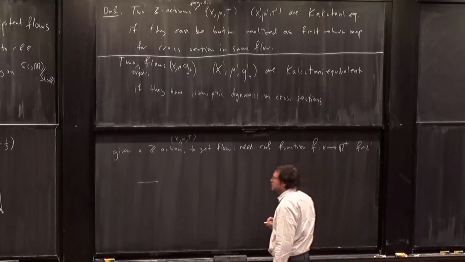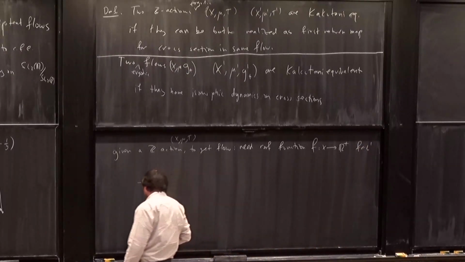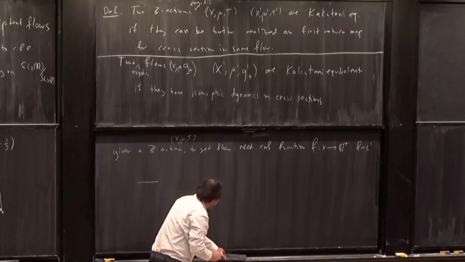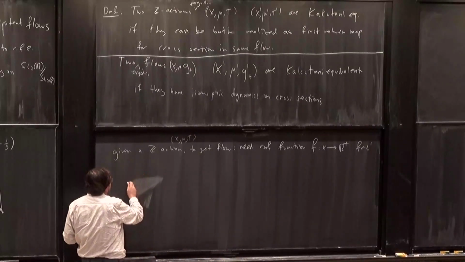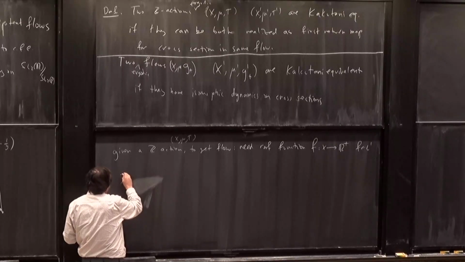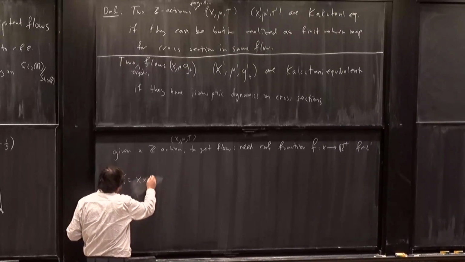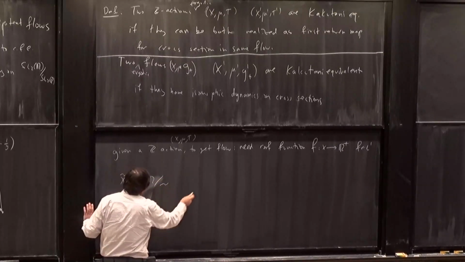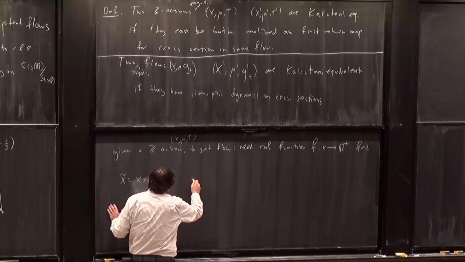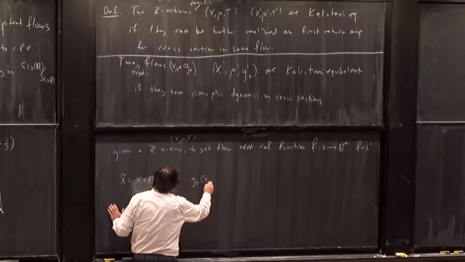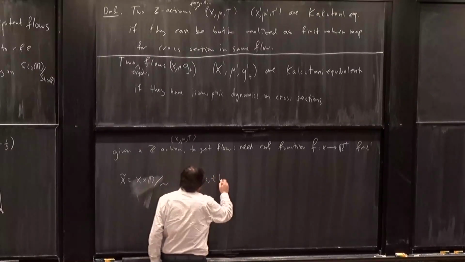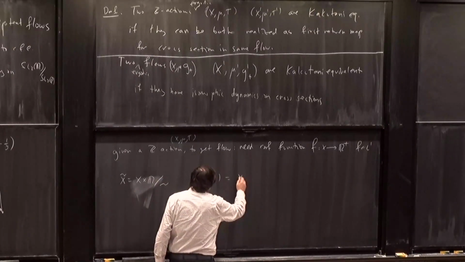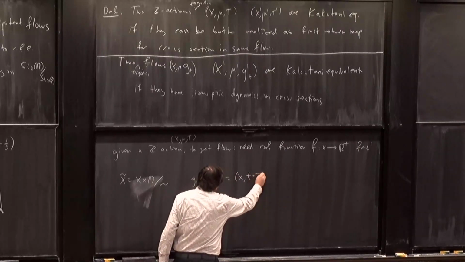And then what you do is you define a new space in which you have a flow. X would be X times R, modulo an equivalence relation. The map is going to be g_tau of (x, t) would be (x, t plus tau).